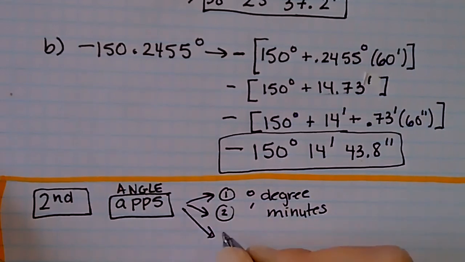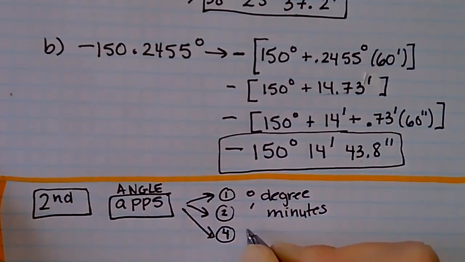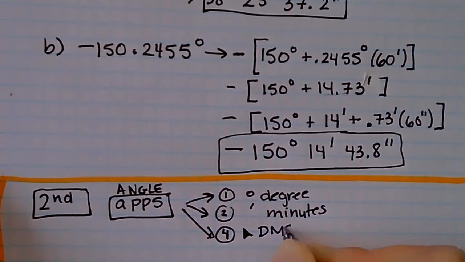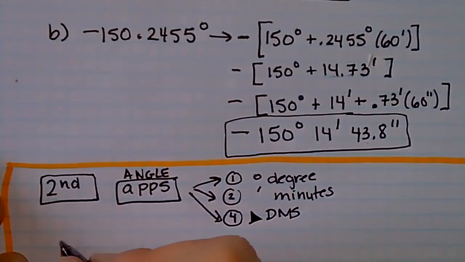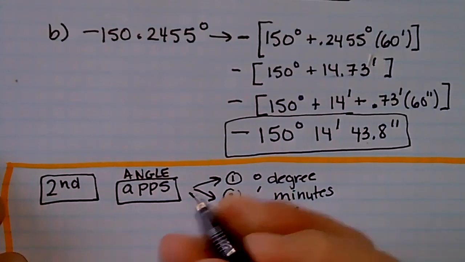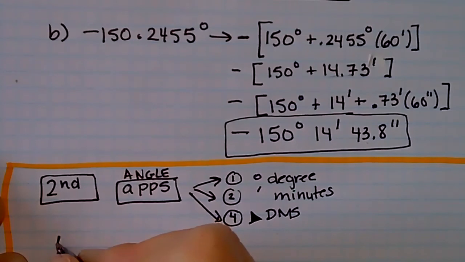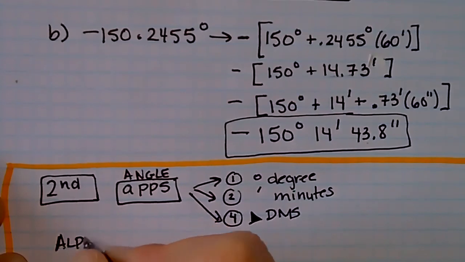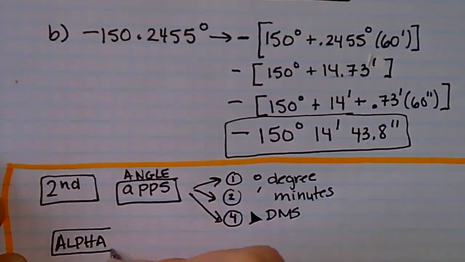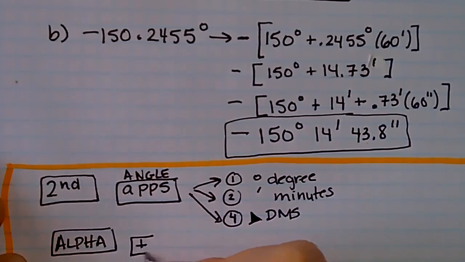And number four is changing it to degree, minute, seconds. And if you want to get the seconds, you would do alpha because it's in green, and the plus sign. And on the plus sign, you'll see the degree symbol, and that will give you your seconds.